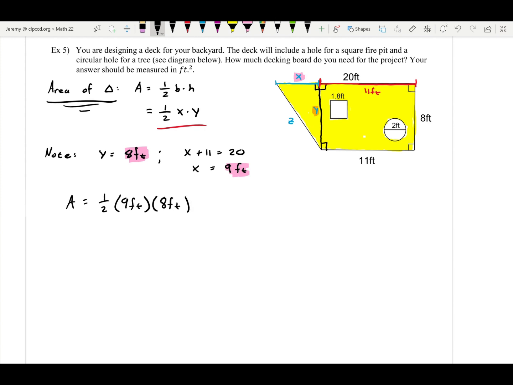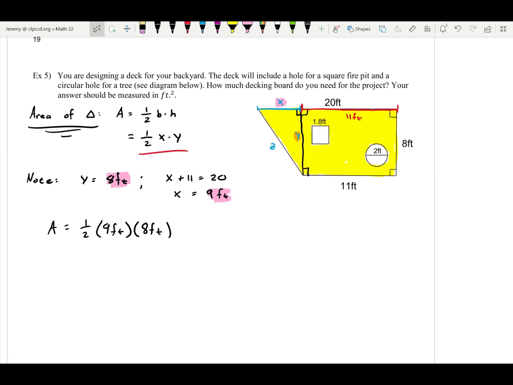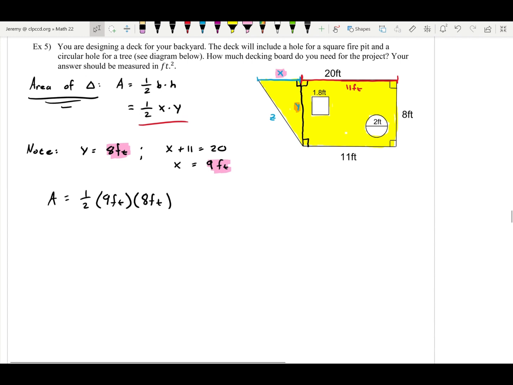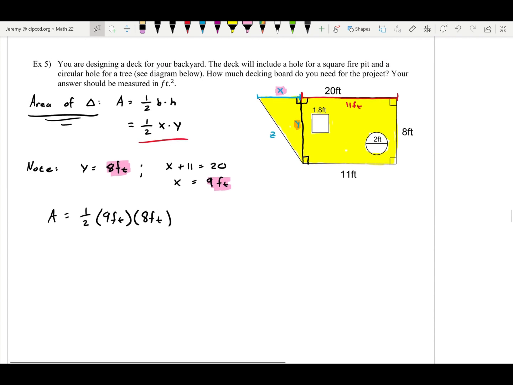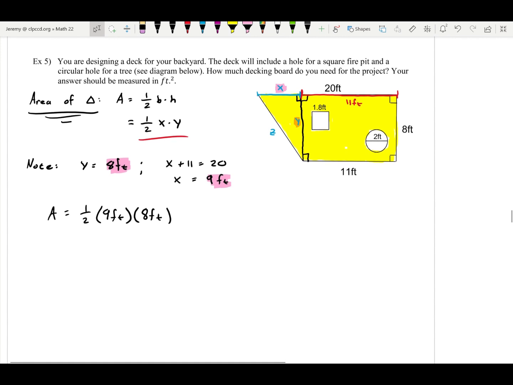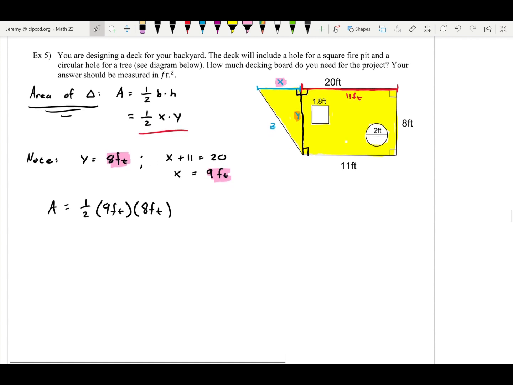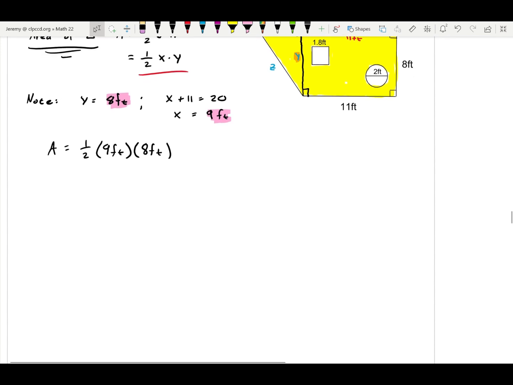By the way, X is 9, Y is 8. Notice that this picture is not drawn to scale, and that's very common. All the time you'll see problems where the image is not drawn to scale, so don't get too scared if you see that X looks like it should be smaller than Y or something like that. Trust the math over the picture.